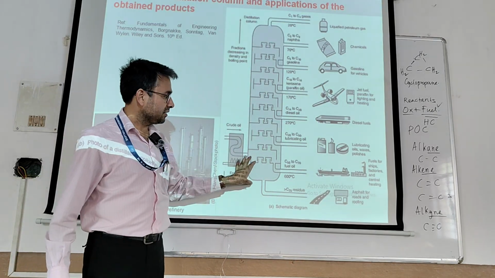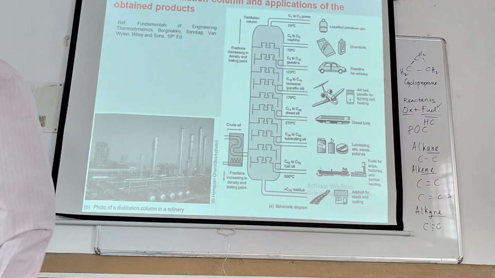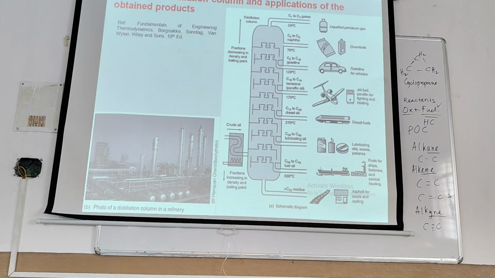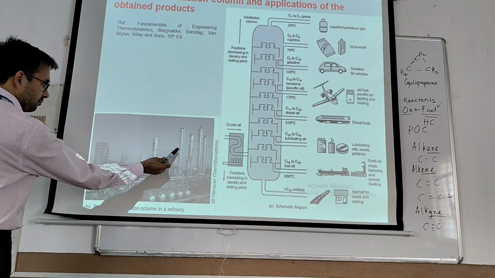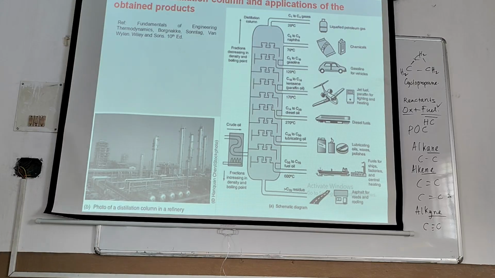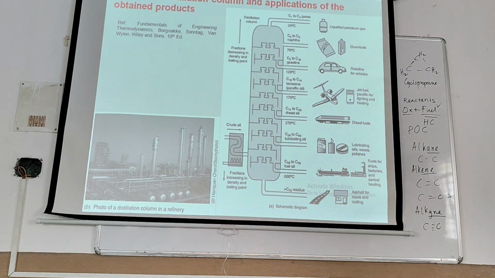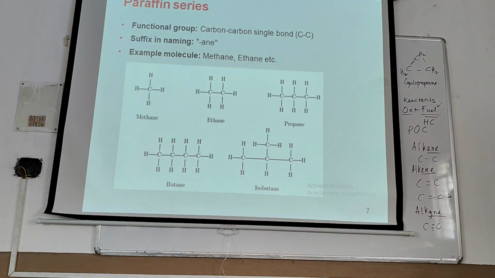This is called fractional distillation in the refinery. This is called a distillation column in a petroleum refinery. This is the book that we have referred to: Fundamentals of Engineering Thermodynamics, Sonntag. Okay.